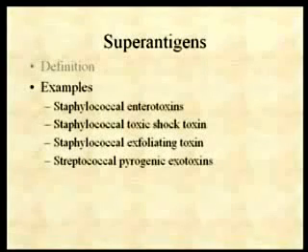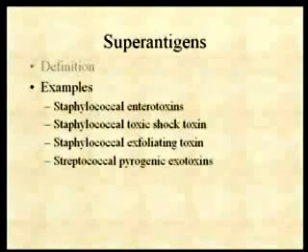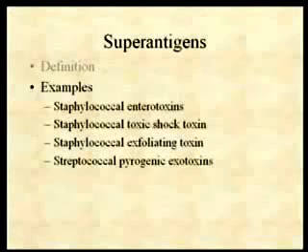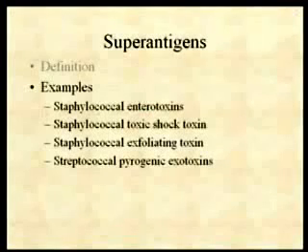I've shown you things that have come from bacteria. I don't want to give you the impression that only bacteria have superantigens. That's not true. Viruses can have superantigens, and fungi. There are other kinds of superantigens, but oftentimes they're toxins produced by bacteria.